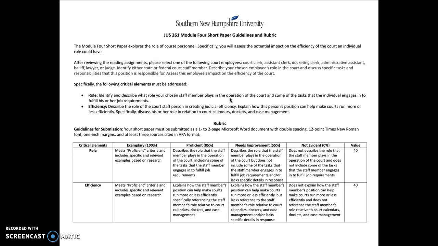So another example might be if you were to research the role of an attorney. So you describe what an attorney's job is within the court system, okay? And how does an attorney impact the court's efficiency relative to court calendars, dockets, and case management? Well, if I'm an attorney and my case is on the court's calendar, in other words, is docketed on the court's calendar, but I'm not prepared, I'm most likely going to ask for a continuance.